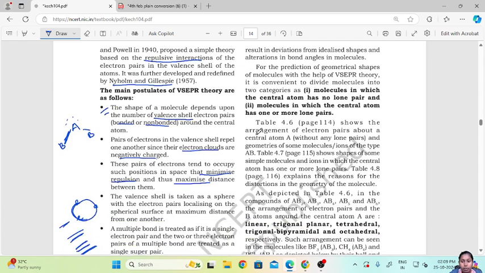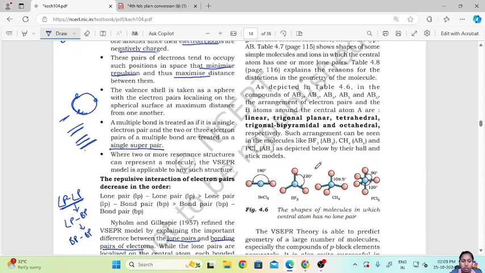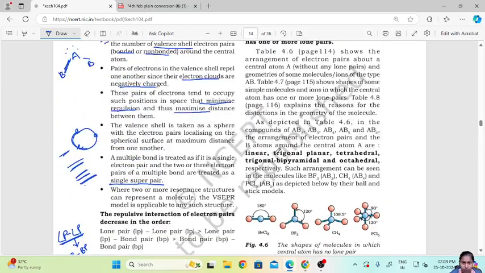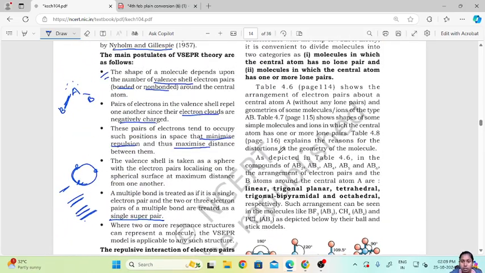Now the arrangement of pairs about a central atom A without any lone pairs, and the geometries of some molecules and ions of that type, are given in the following tables, so I'll explain them.